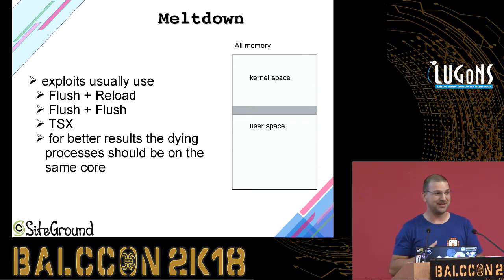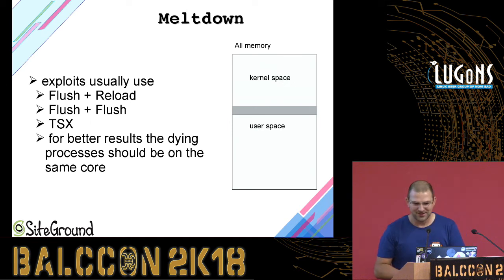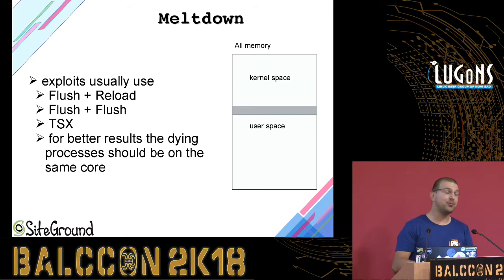The problem is that most programs actually don't work this way. So you don't have a program that spawns a child and the child's main purpose is to die. You don't have programs like this, or most of us don't write programs like this. So this is an exceptional behavior that you can pretty easily observe on the machine.